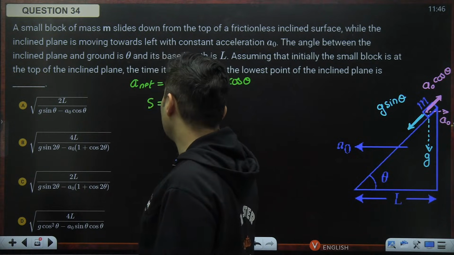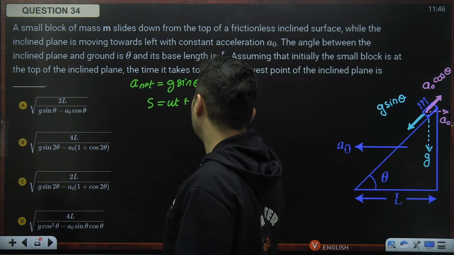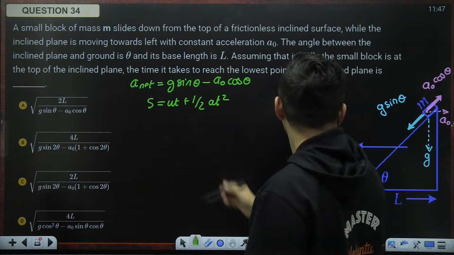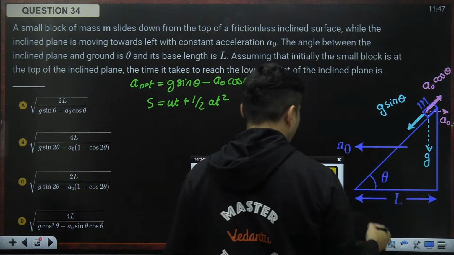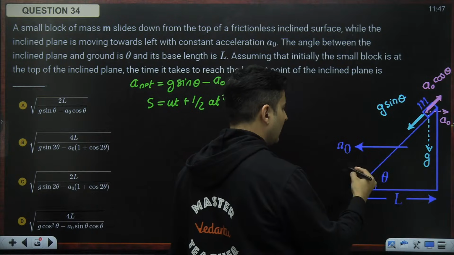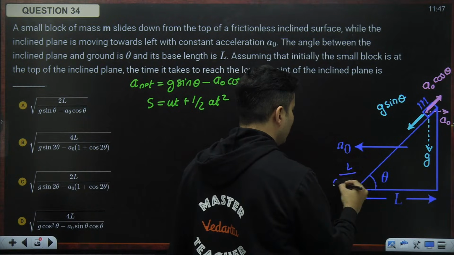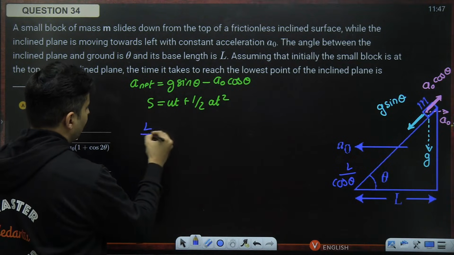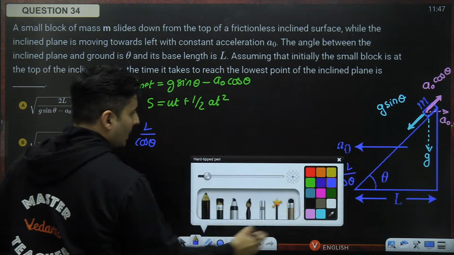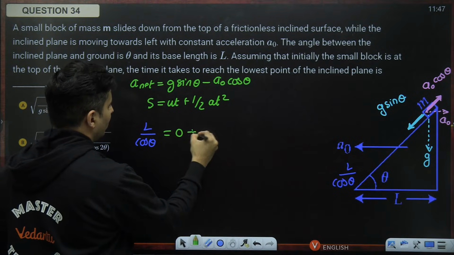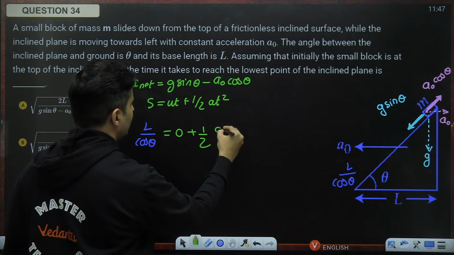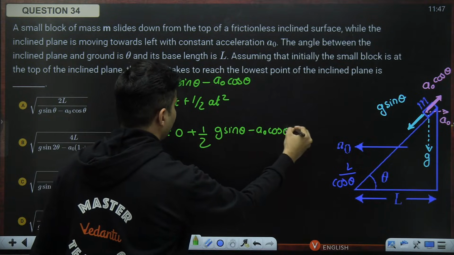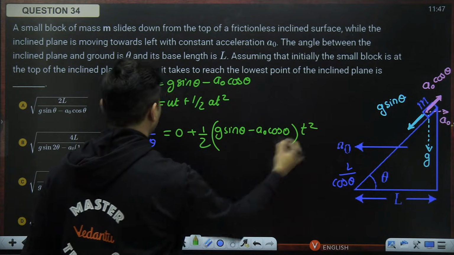I will use S equals ut plus half at square, because they have asked what is the time it takes. The displacement, well, think logically. If this is L, this will be nothing but L divided by cos theta. So this displacement L by cos theta is equal to u, which is 0, plus half into acceleration, g sine theta minus a naught cos theta, this whole thing multiplied by t square.